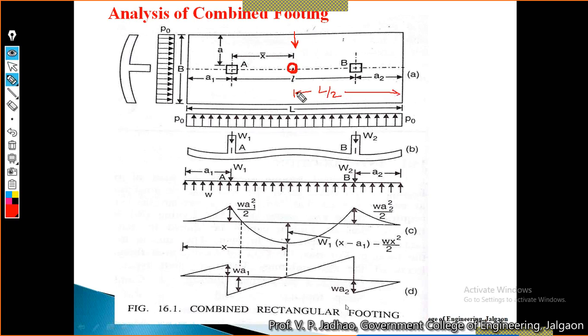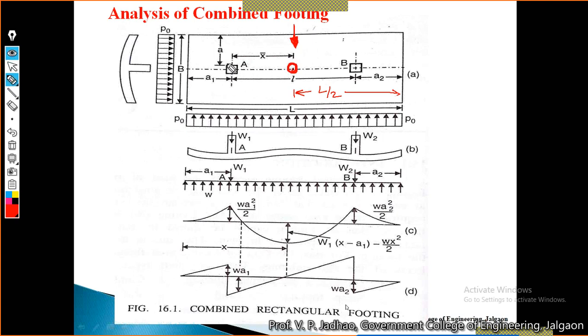This particular center of gravity or centroid of the footing will be at a distance L by 2, whereas the centroid of this load should also be at a distance L by 2 in case of a rectangular footing.